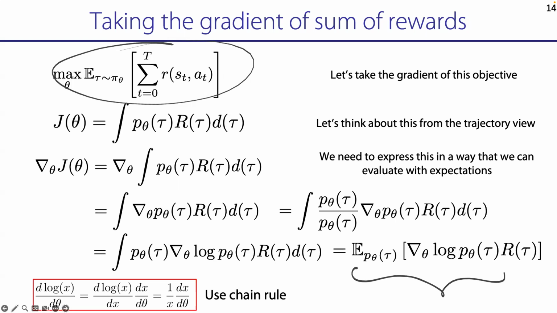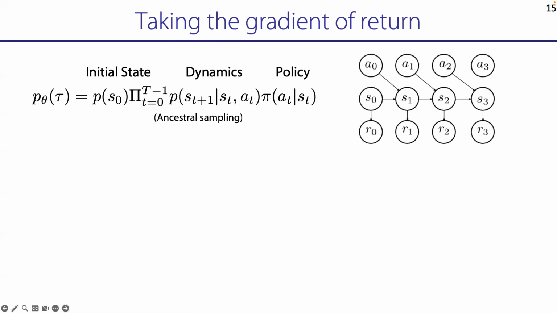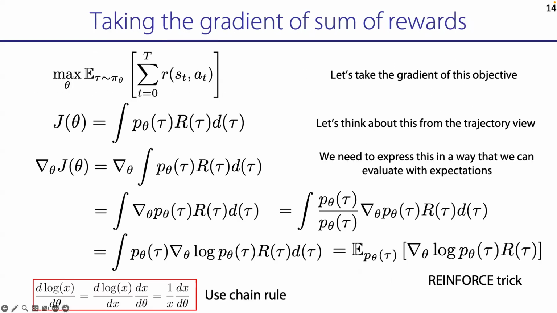This is not something we can implement in code yet, so let's take one more step. Generally, this trick is what you'd call the REINFORCE trick. It's used all over the place. Anytime you have something non-differentiable and you want to step over it, like a non-differentiable R, you can just use REINFORCE.